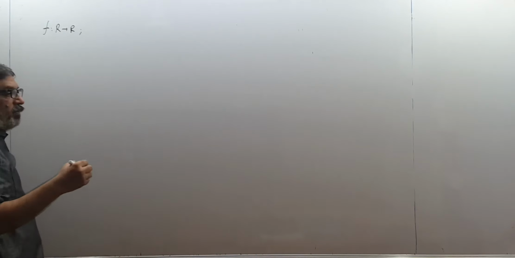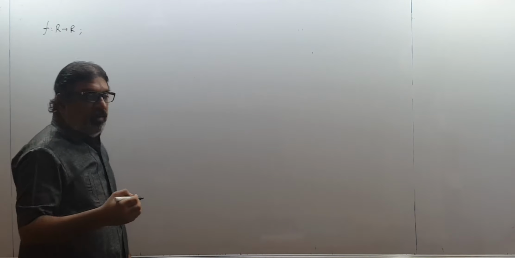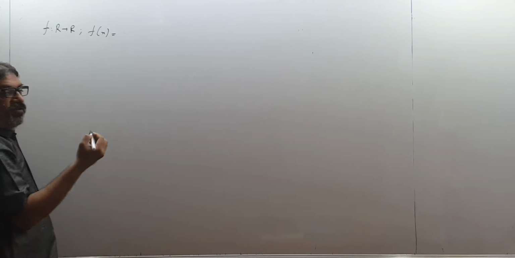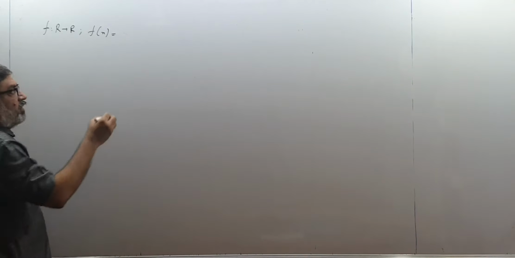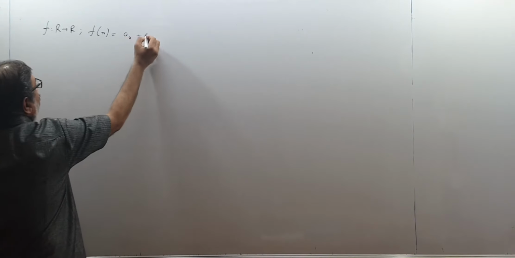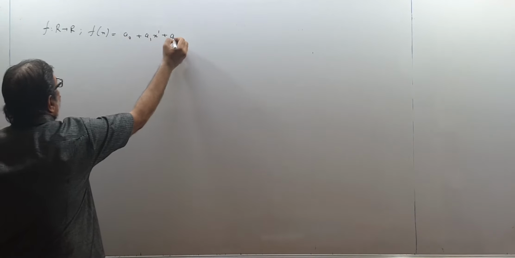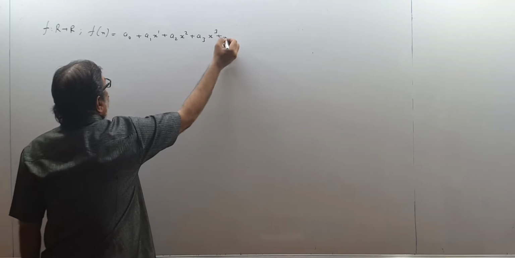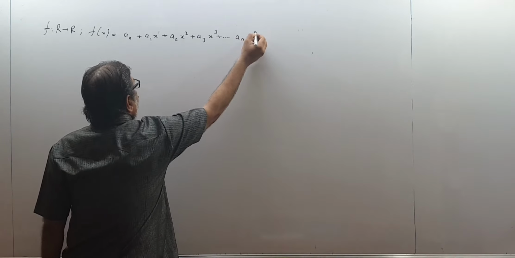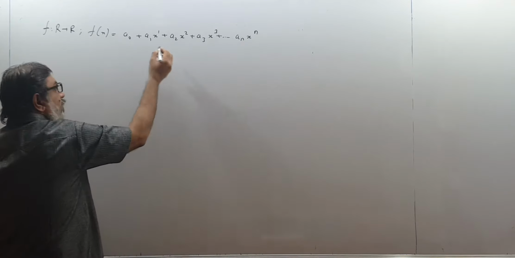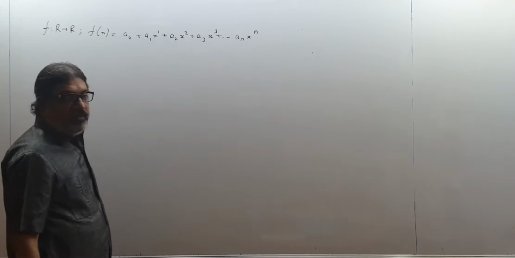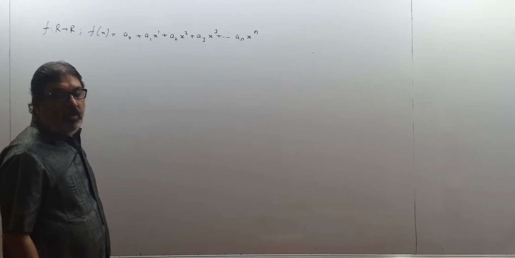Children, you already know what is the polynomial from class 10. So polynomial means an expression like, just like you are writing p(x) over there, here we are writing p(x). So this will be a0 plus a1 x, a2 x squared, a3 x cubed, plus an x^n. For this to be a polynomial, you already know that no power of x should be other than a whole number.